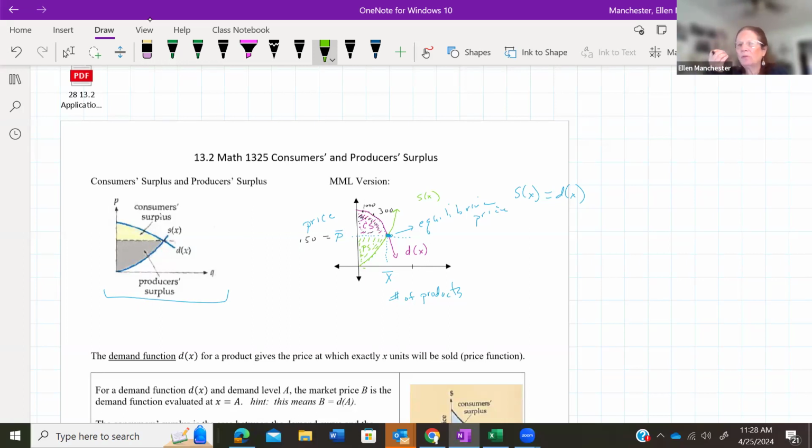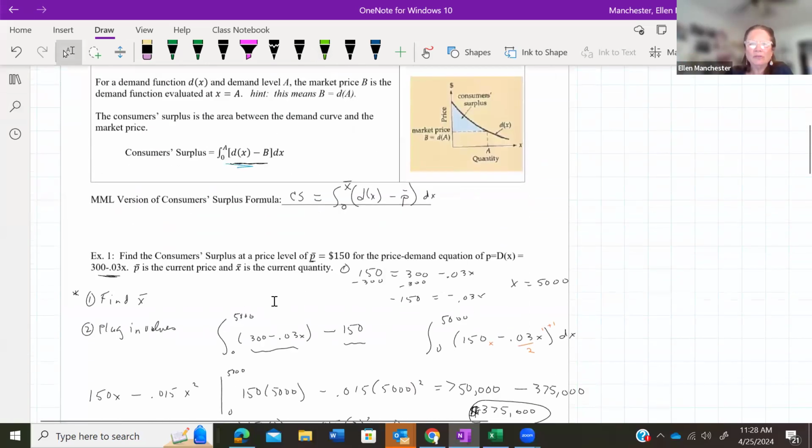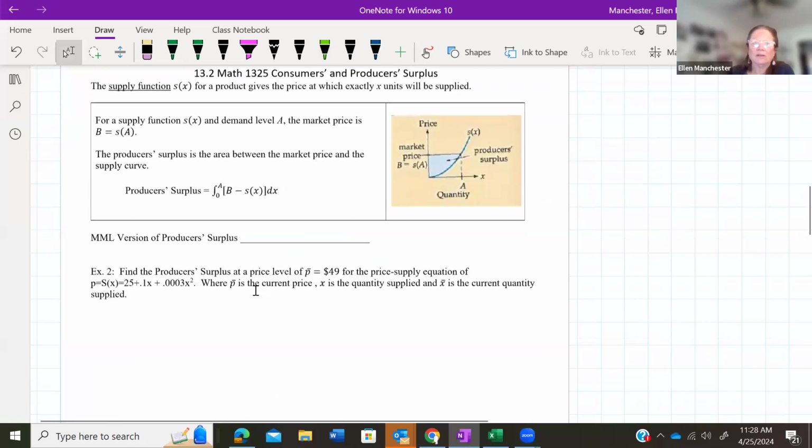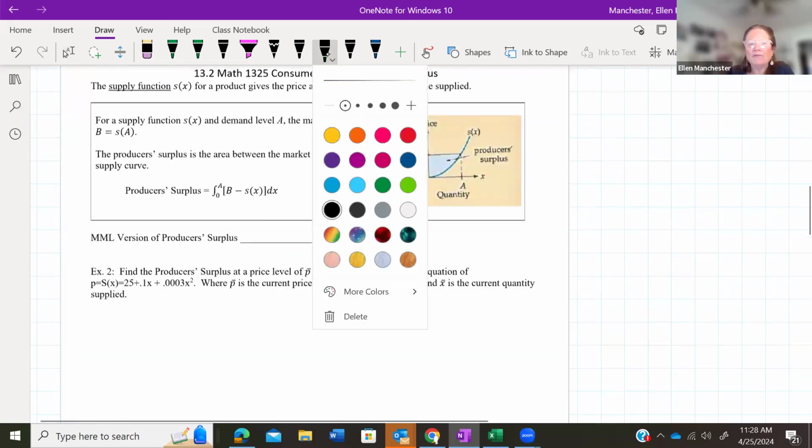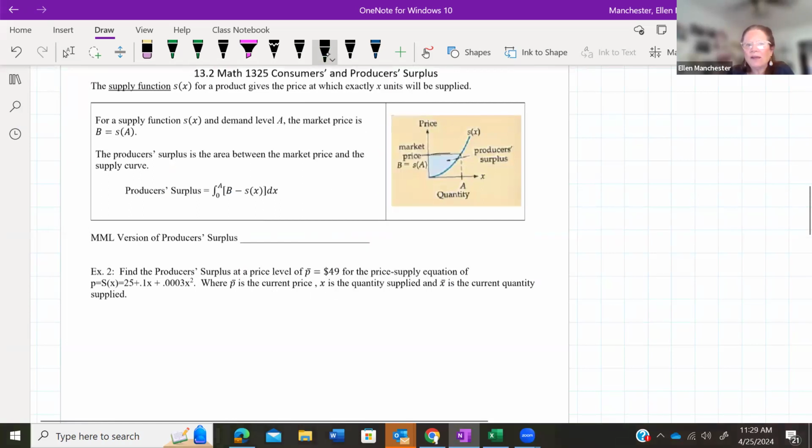So the producer surplus is like profit. It's money that the producer, the business owner, gets, because people are willing to pay more, even though they wish they could pay less. Okay, so the function behind that is, and that's why I wanted to give you that visual. So this visual right here, so this is the price, is the upper.